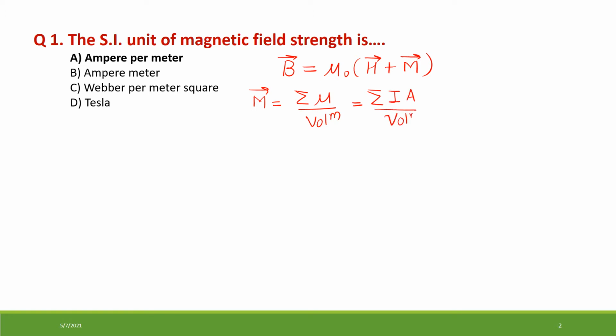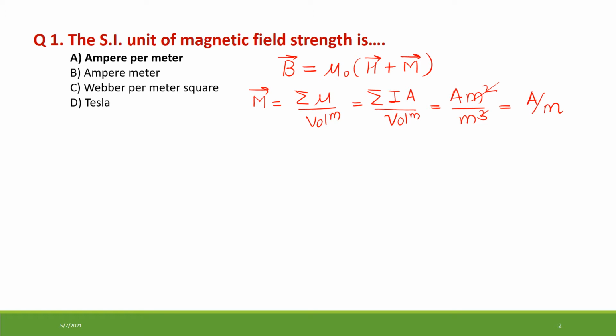So unit of current is ampere and unit of area is meter square, divided by unit of volume, meter cube. So the meter square and one of the meter cube get cancelled. So the only remaining unit is ampere per meter. In this way the answer is ampere per meter.